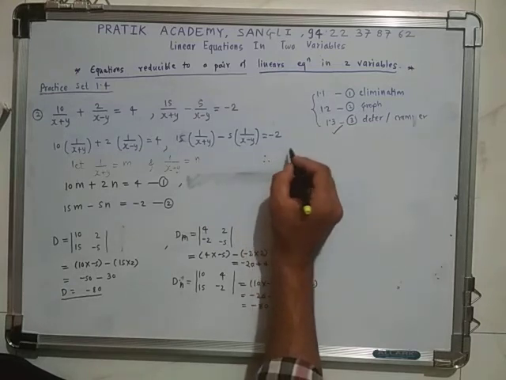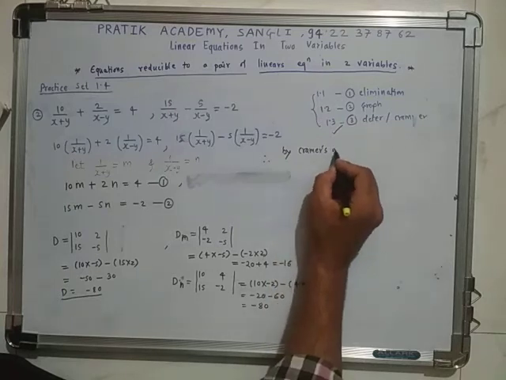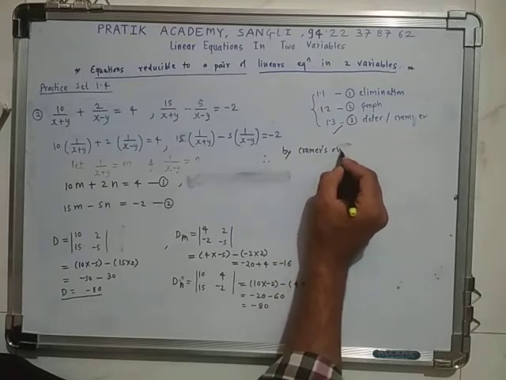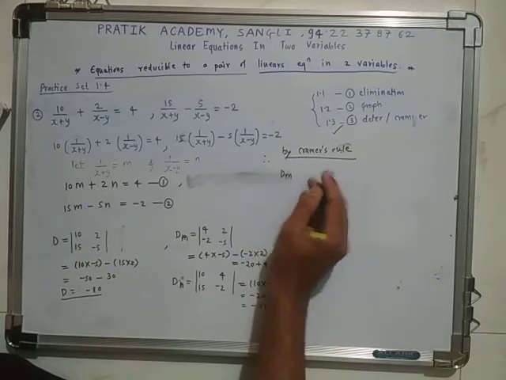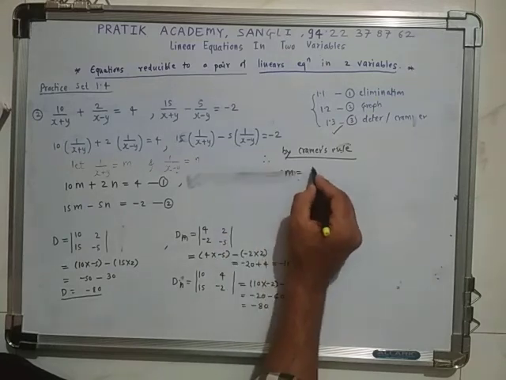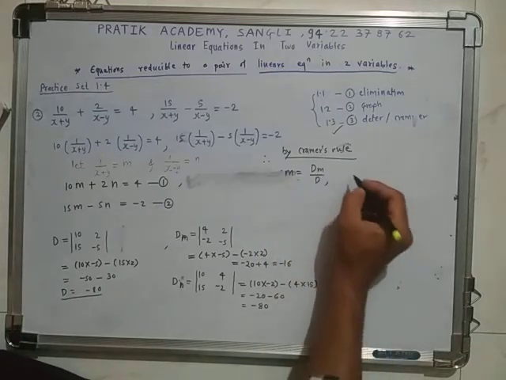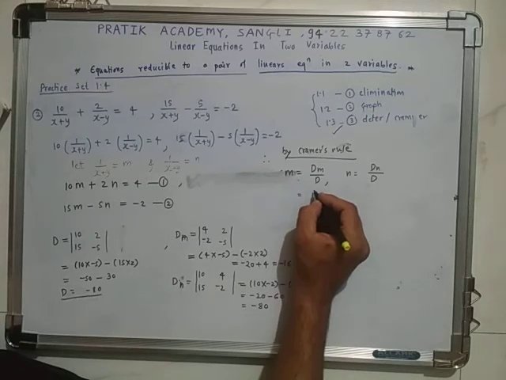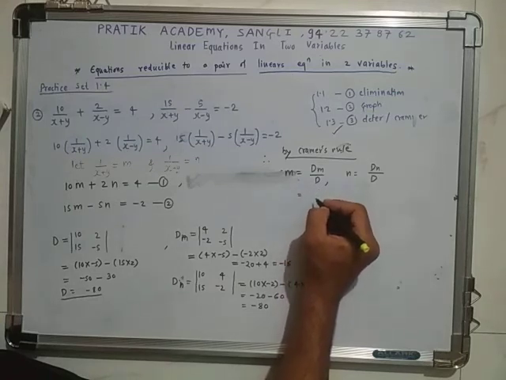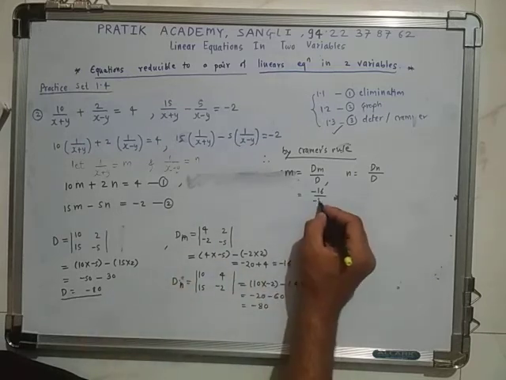Therefore by Cramer's rule, m is equal to Dm upon D, then n is equal to Dn upon D. So we will get Dm is minus 16 upon D is minus 80.